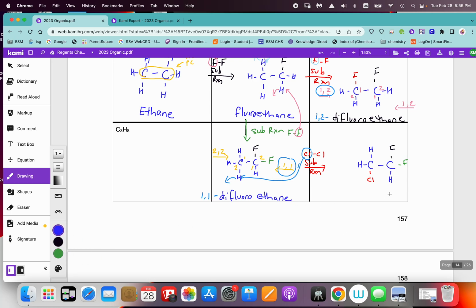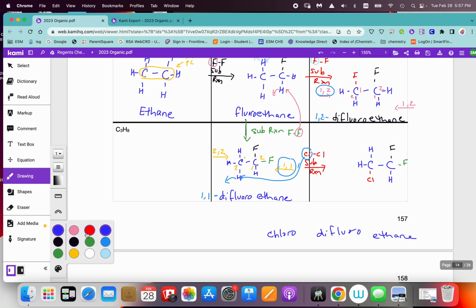So I know here I still have ethane and it's still a difluoro. And now I have a chloro.